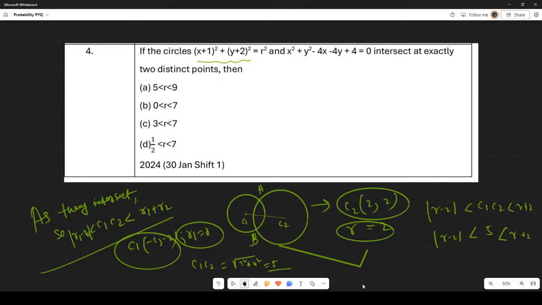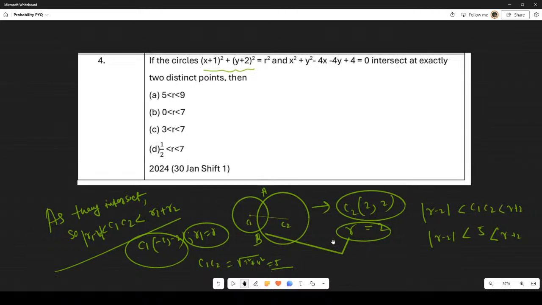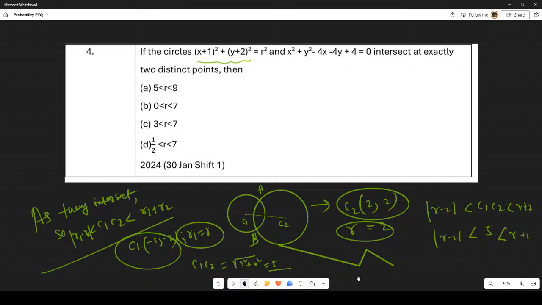What's the condition here? What have I got previously? So from this we get R greater than 3, and from here R less than 7. So R greater than 3, less than 7. C is the option.